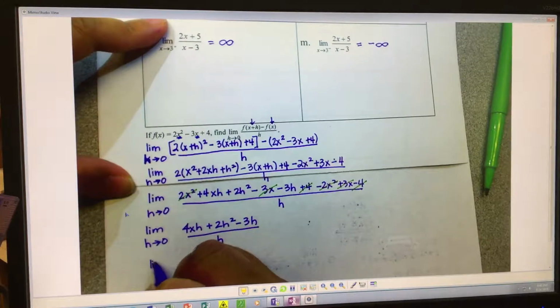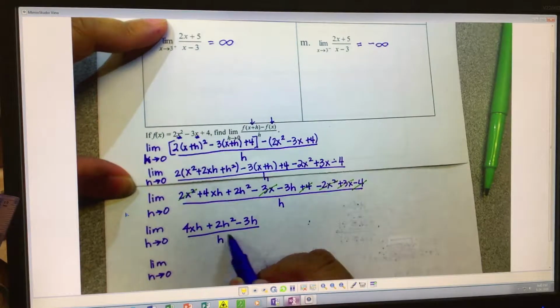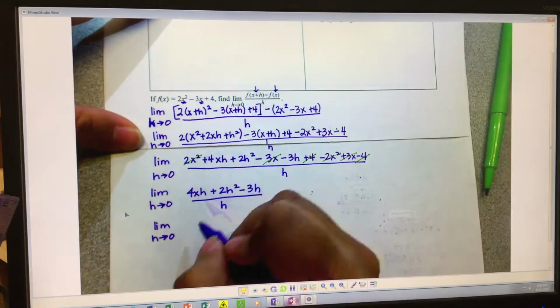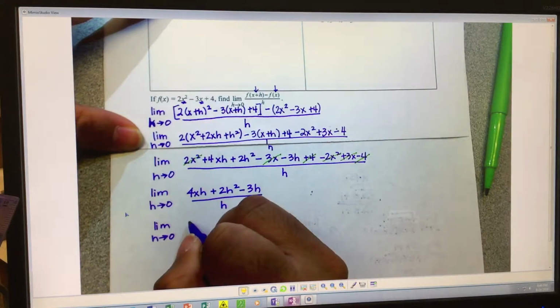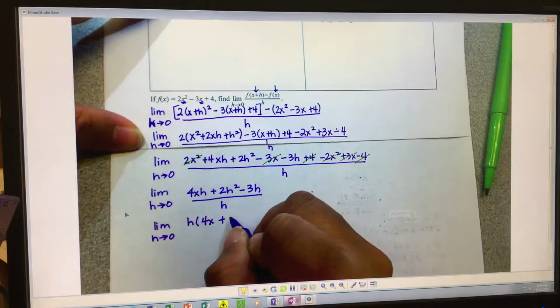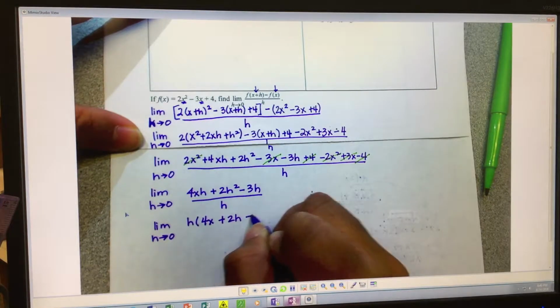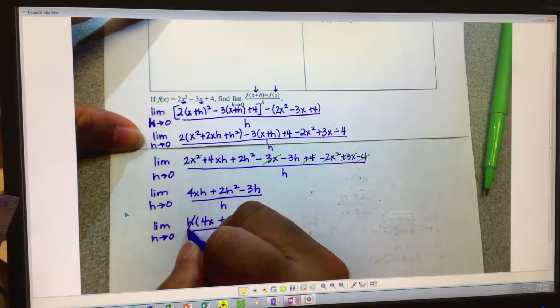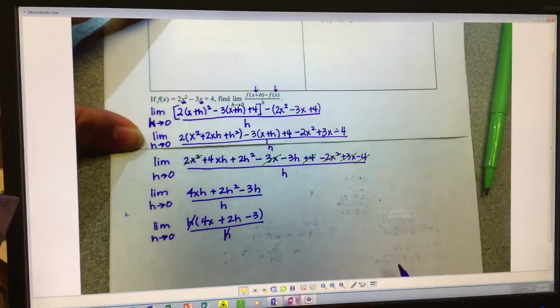I can factor an h. Remember, the goal here is to try to cancel out this h. Okay, all right. So I'm going to factor out the h. This is 4x plus 2h minus 3 all over h. This cancels out.